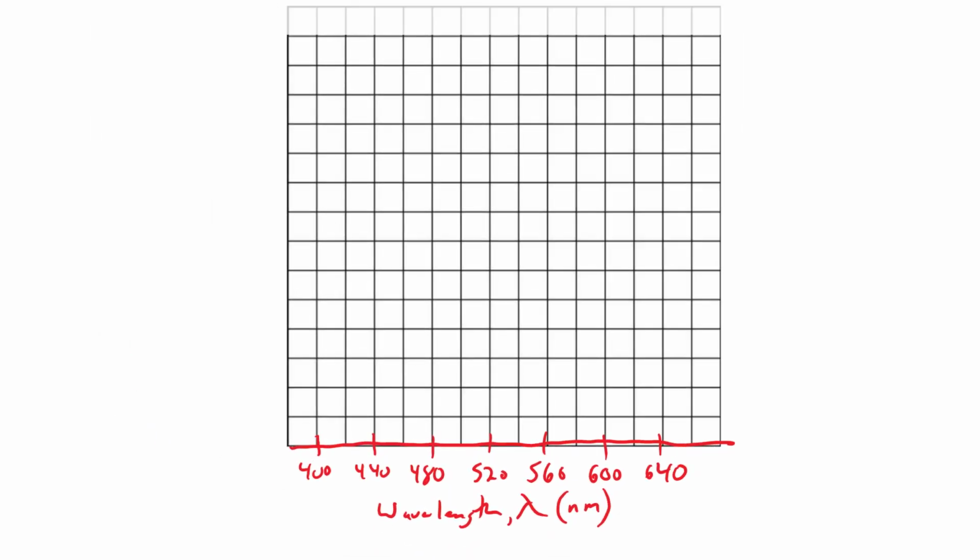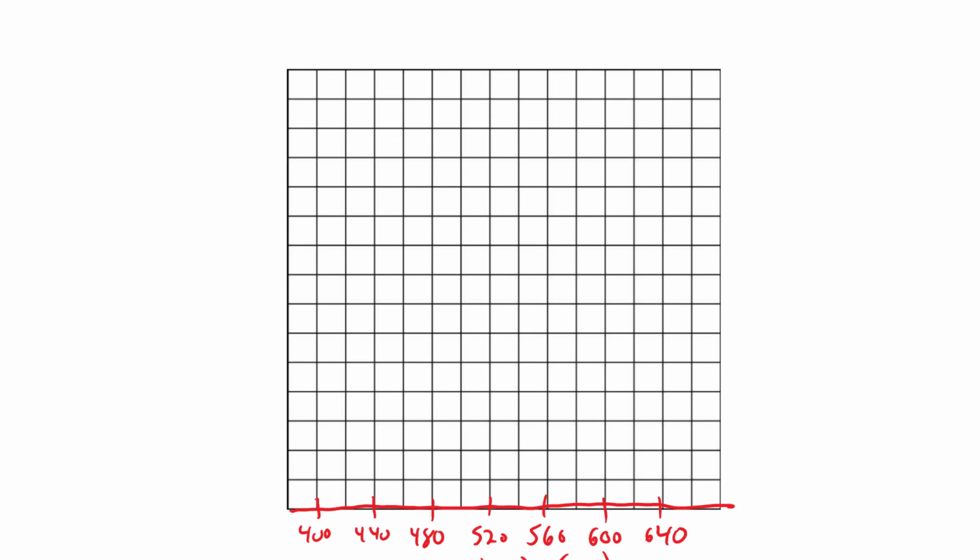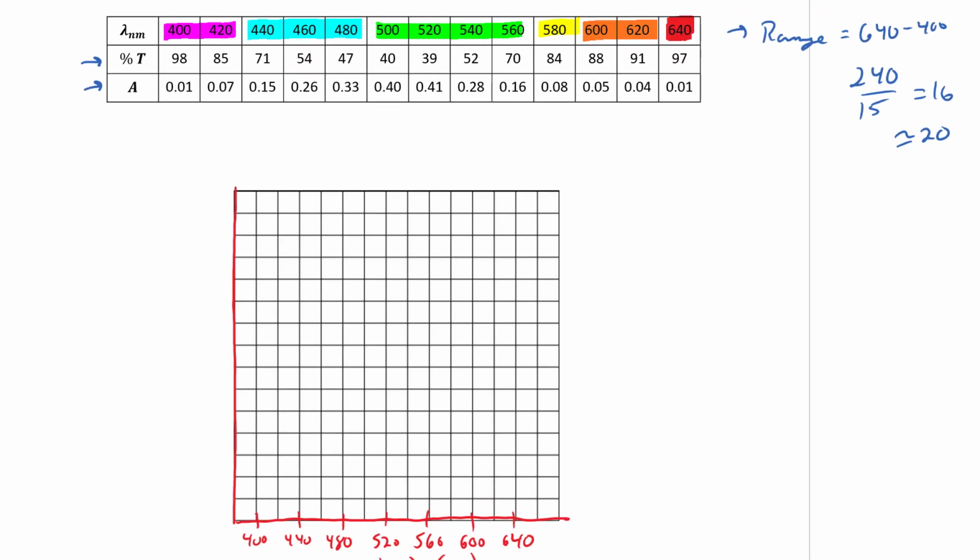Let's plot percent transmittance first. We'll do that as our vertical axis. What do we have for range? Well, it's a percentage, so we'll go from 0 to 100%. And there are 15 boxes, so each box is 6.66666. We can multiply that by 3, and we get 20. So every 3 boxes is worth 20.